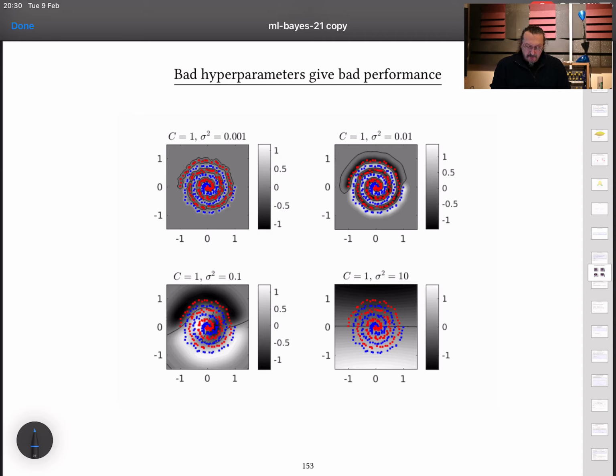On this slide, I have C, the parameter that tries to enforce a minimal amount of misclassification, set to 1, and it's fixed. And across these four examples, I'm altering the other hyperparameter, which is the width of the radial basis function kernel, sigma squared.